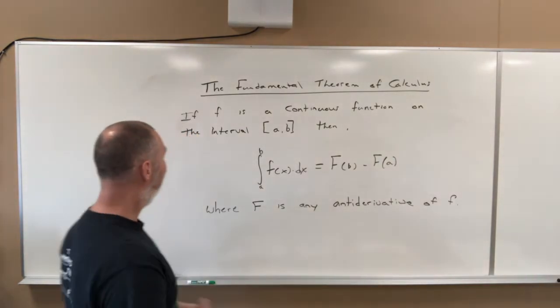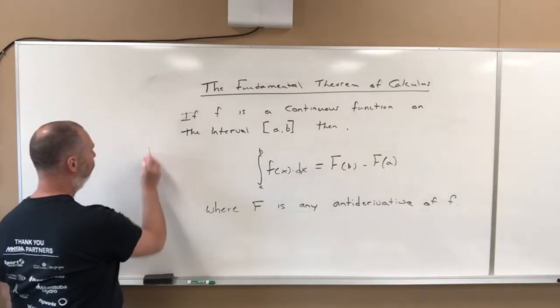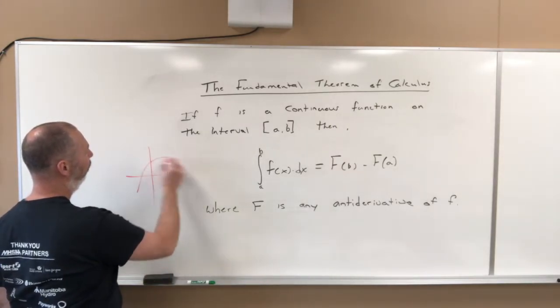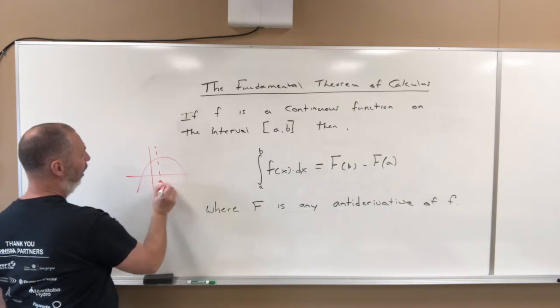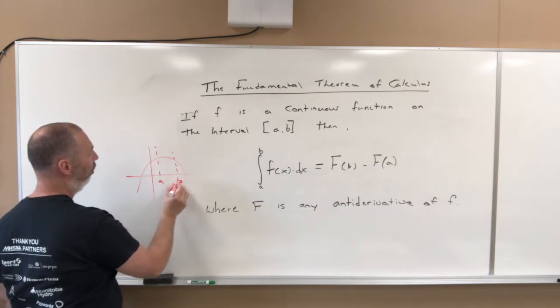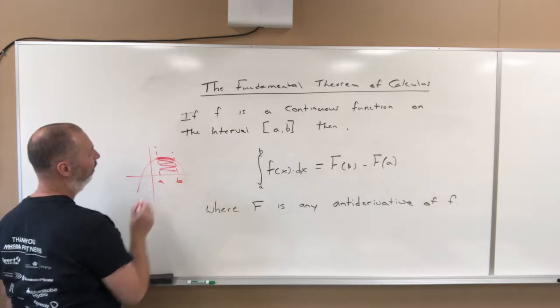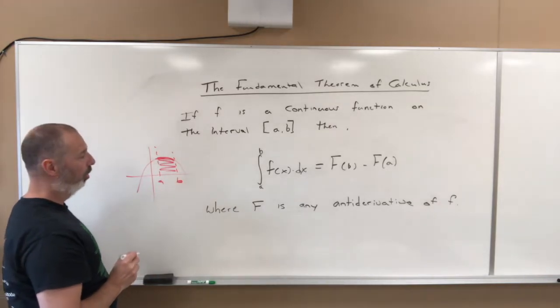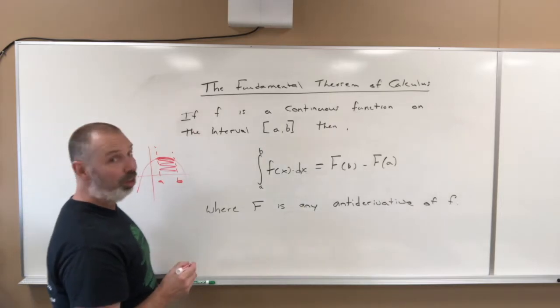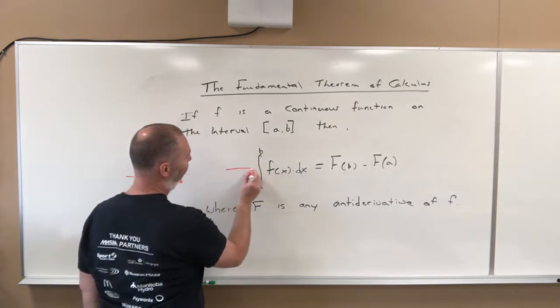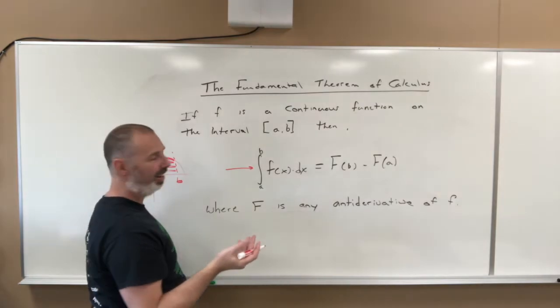So again, if I draw it over here, we're going to have whatever function we have, and we're going from a to b, and it's continuous between a and b, and we are finding this area here.